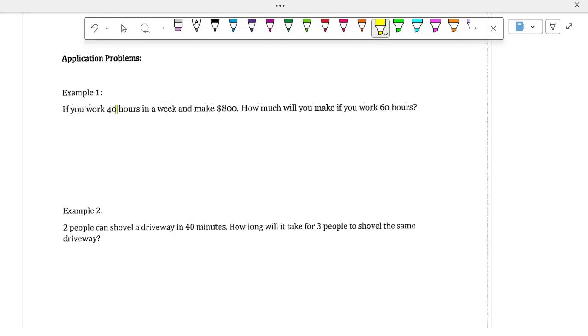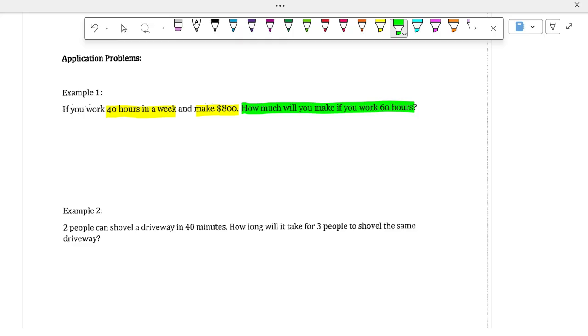So, if you work 40 hours in a week and make $800, how much will you make if you work 60 hours? They don't tell us whether it's direct or inverse, but we can figure it out. Remember, direct means that if one variable is increasing, the other one is increasing, whereas inverse means if one's increasing, the other one's decreasing. So let me ask you this.